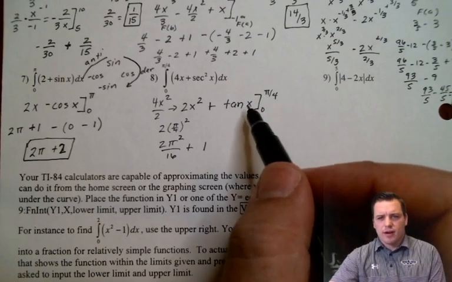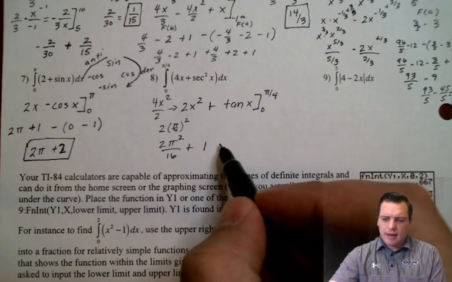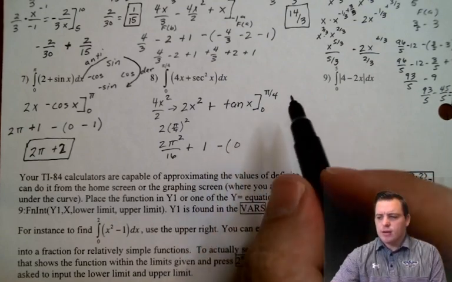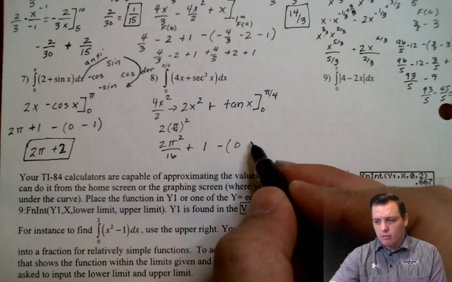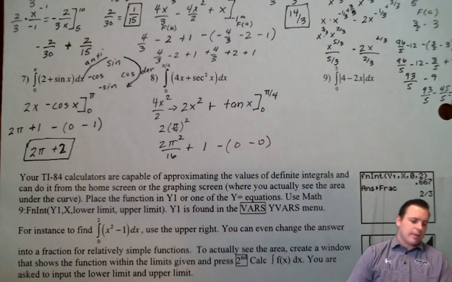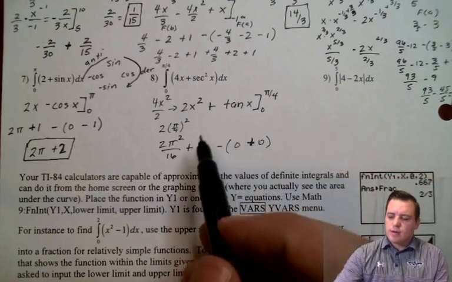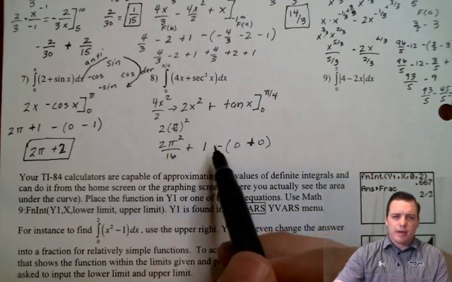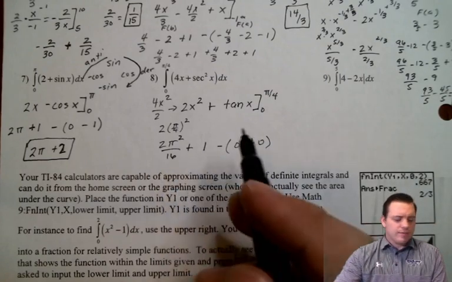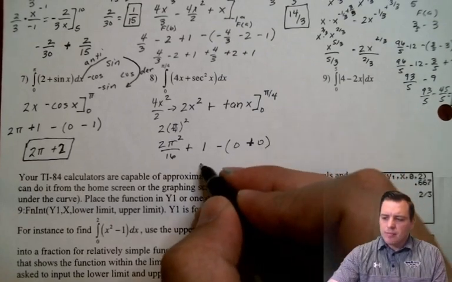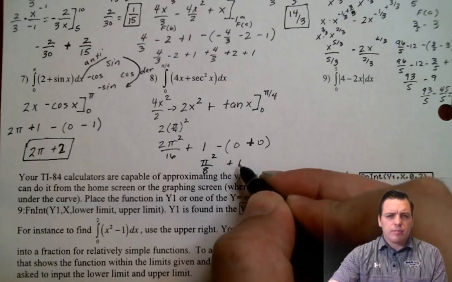Pi over 4 is 45, so radical 3 over 2 over radical 3 over 2 is just simply 1. And then that would be minus, and then 0. The tangent of 0 is 0 over 1, so that would be 0. And actually it's a plus there because that's plus. So f of b minus f of a. Simplify that down, and it should be just simply pi squared over 8 plus 1.